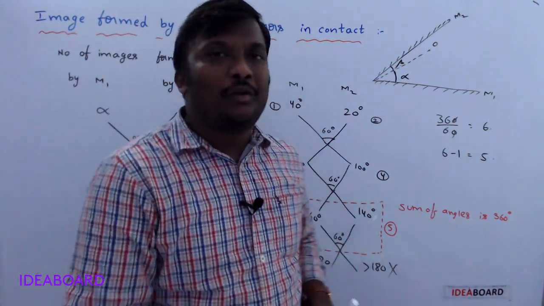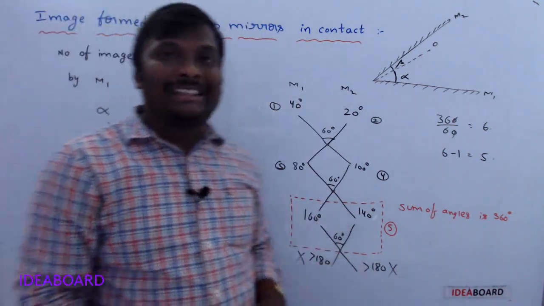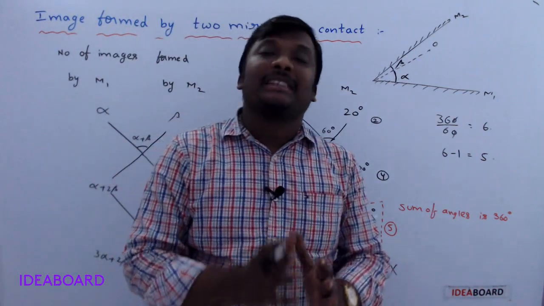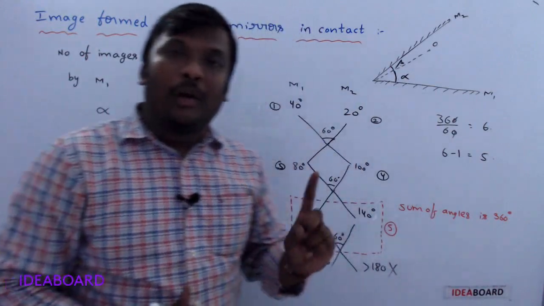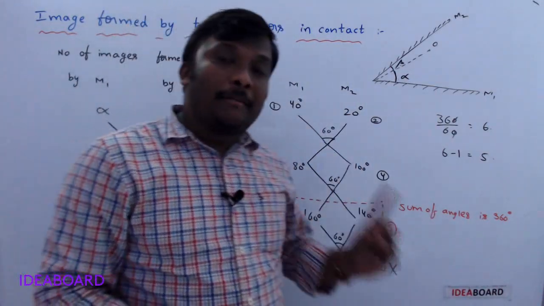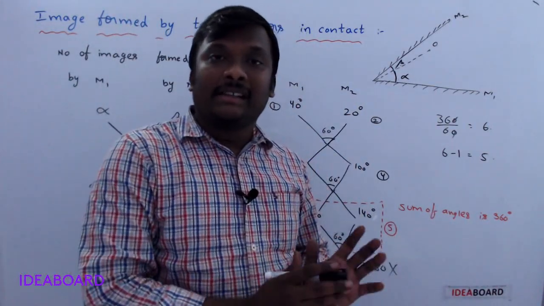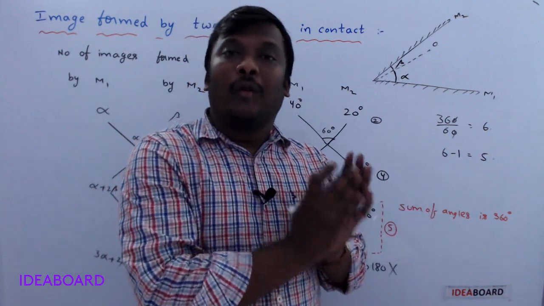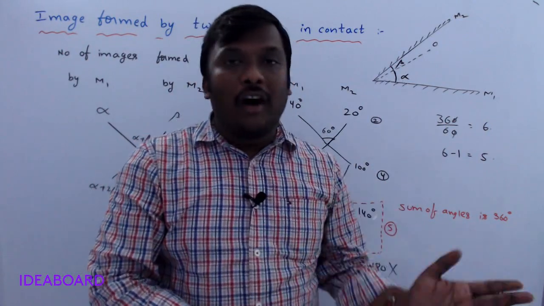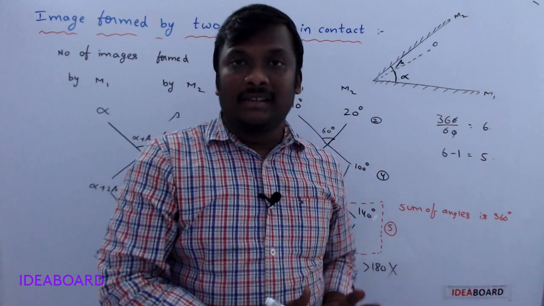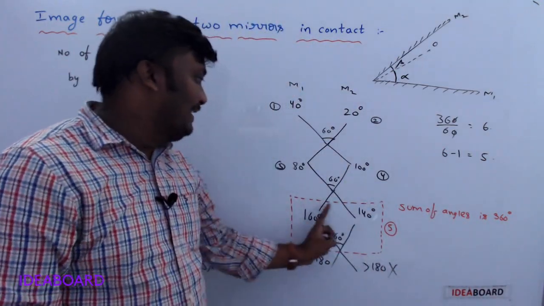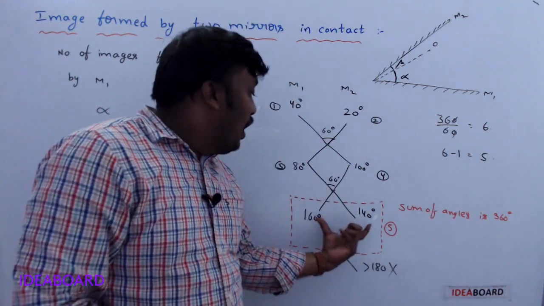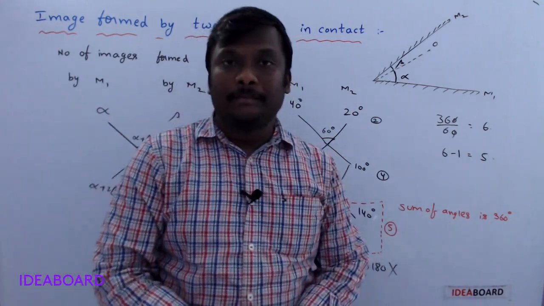Only 2 points to remember here. It is always a very easy method. The crisscross method is very easy. There is no need of by-hearting any formula. What is the first one? If the angular separation is greater than or equal to 180 degrees, there is no formation of the remaining images. That is the first one. And the second one: if the sum of these angles is 360 degrees, then overlap takes place.